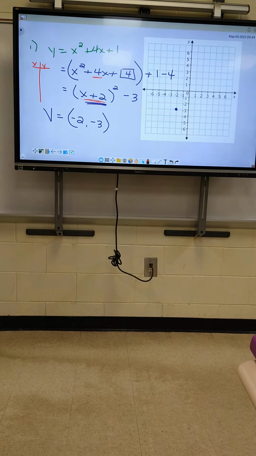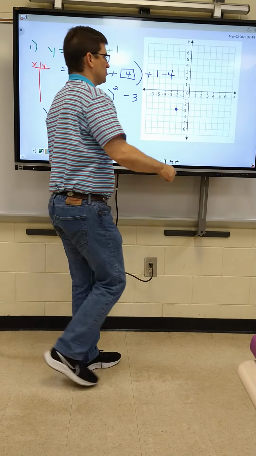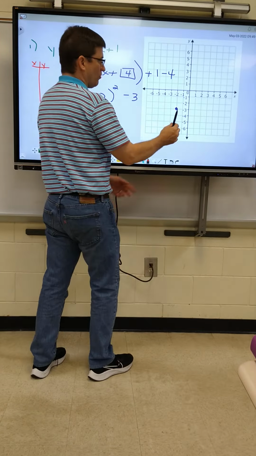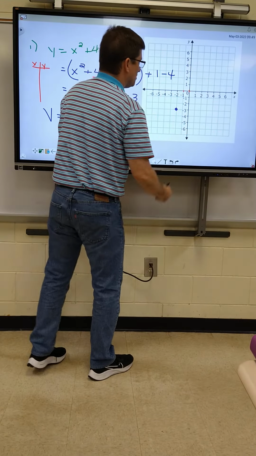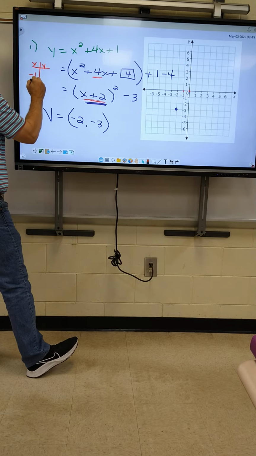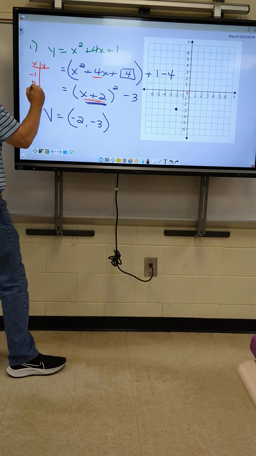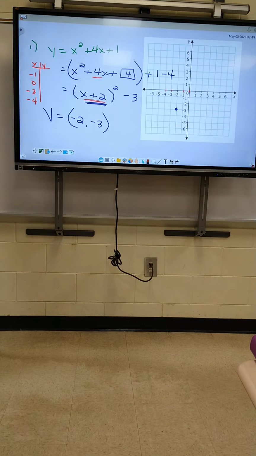Do you guys remember how we chose our 4 points 8 weeks ago? 2 to the left and to the right. Good, Anna. 2 on the right, 2 on the left of your vertex. So on the right, we're going to plug in negative 1 and 0. On the left, we're going to plug in negative 3 and negative 4. Same thing we did a couple months ago.